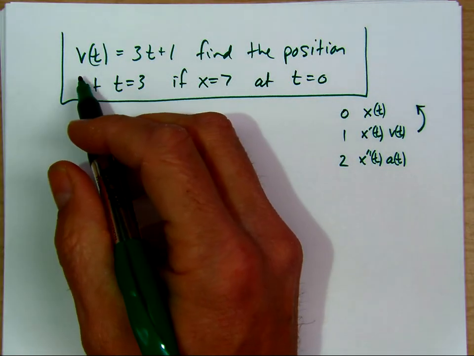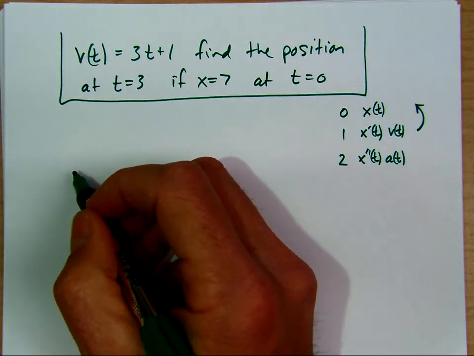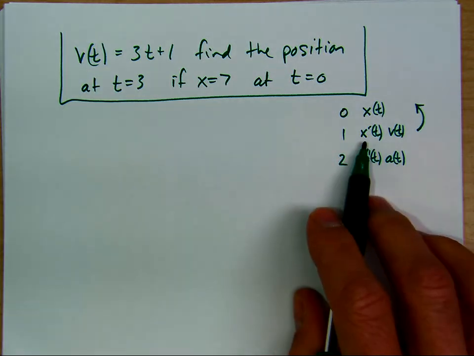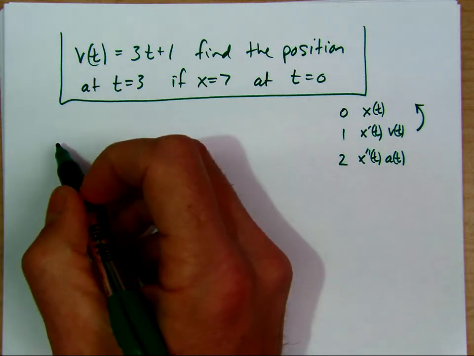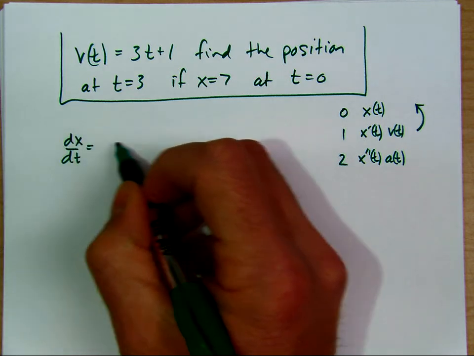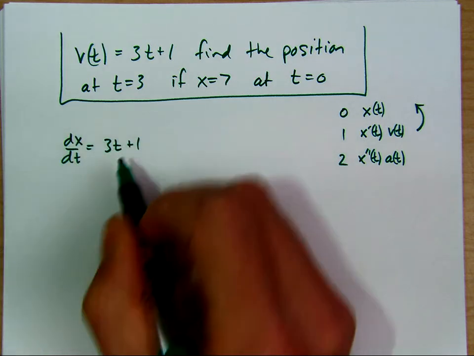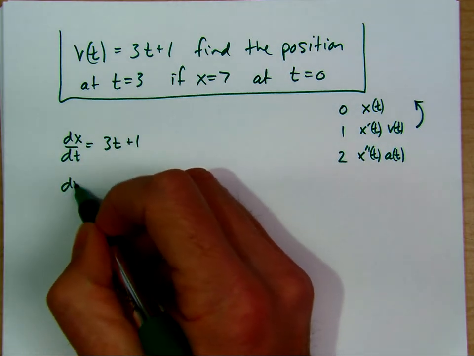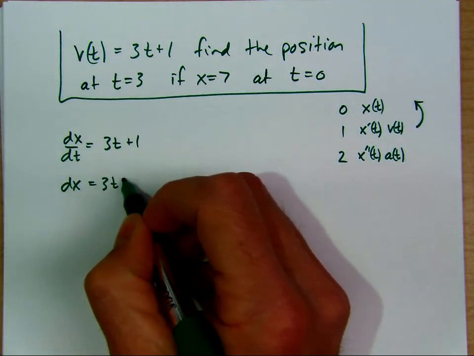All right, so if we have velocity, we're at the derivative of x. So if we say dx dt is equal to 3t plus 1. This notation is just more familiar when we have to separate variables.